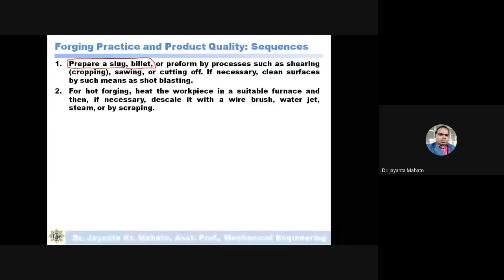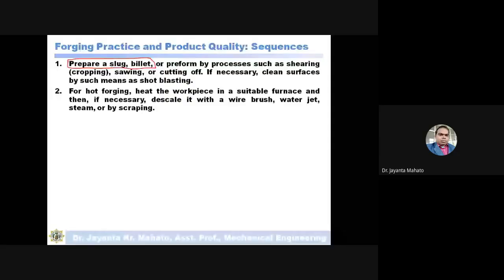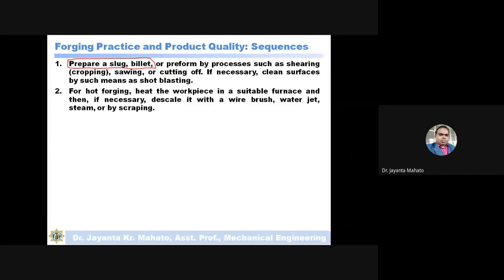If necessary, descale it with a wire brush. Descale means, after heating, what happens? Some oxidation will occur at the surface, and there is actually rust on the surface of the heated material.